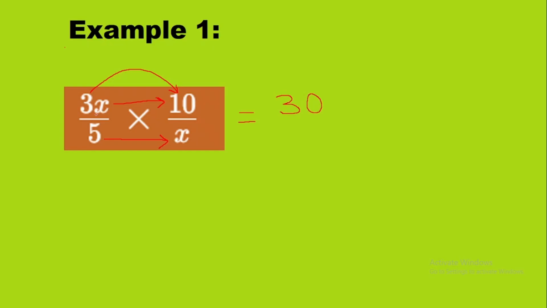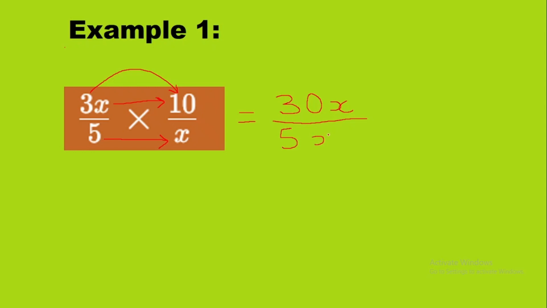Because there's no other letter right here, we'll just put the x right beside the number 30. All over, for the denominators, denominator times denominator, we have 5 multiplied by x. So 5 times x will just give you 5x.